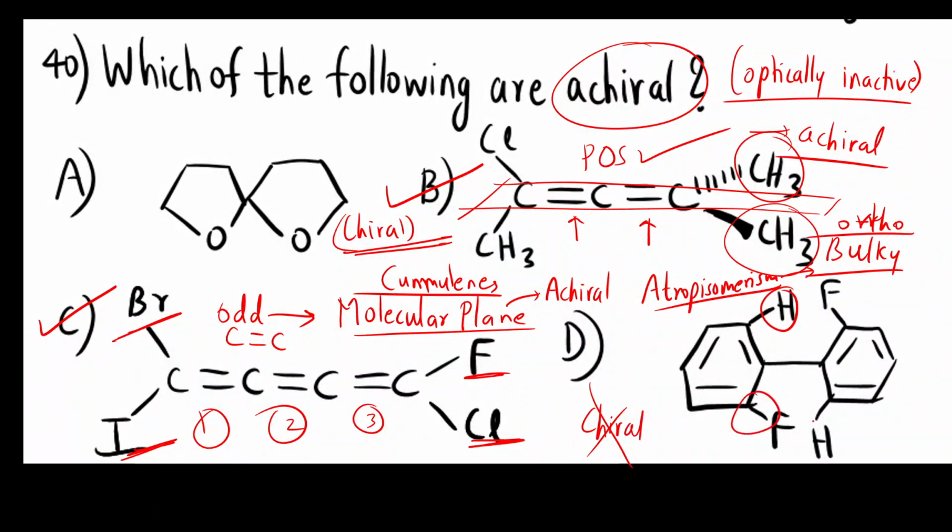But you can see H and fluorine, they are all small groups. So this is going to be achiral. It will not be chiral. So D is also correct. So which are the correct answers? Correct answer is B, comma, C, comma, D.